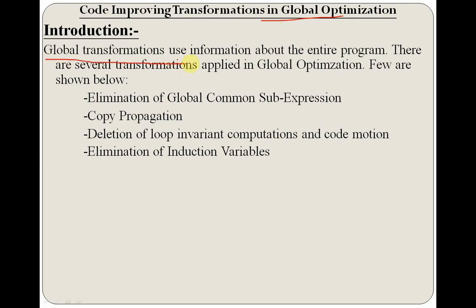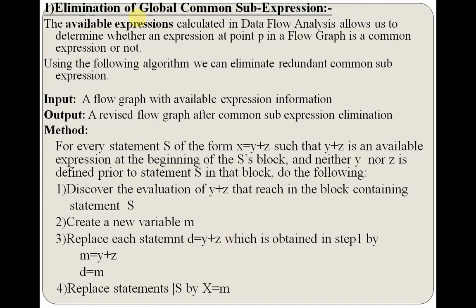Global transformations use information about the entire program, and there are several transformations applied in the global optimization, and some of them are shown below. First one, elimination of global common subexpression. Second one, copy propagation, deletion of loop invariant computations and code motion, and elimination of induction variables. See the first one. Elimination of global common expressions.